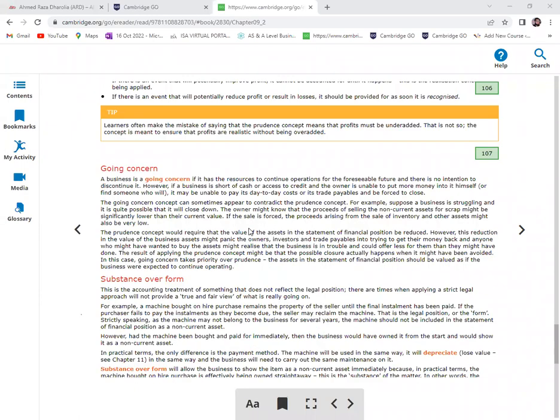Okay, the next concept is going concern. Going concern is whether the business we are in will continue in the next 12 months or not.